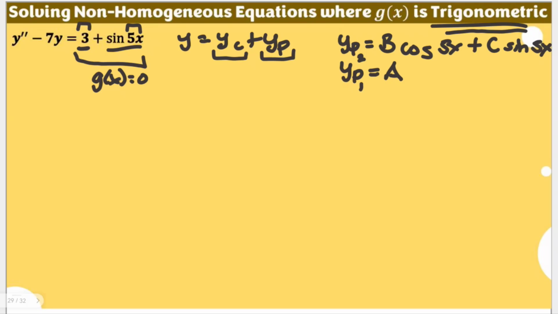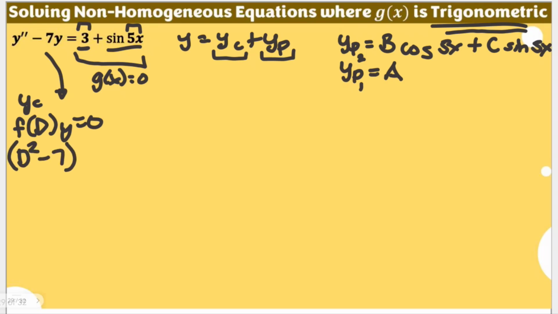Okay, let's start with y sub c. For our f of D of y, our equation with differential operator D becomes D squared minus 7 of y equal to 0. Hence, our auxiliary equation is m squared minus 7 equal to 0.